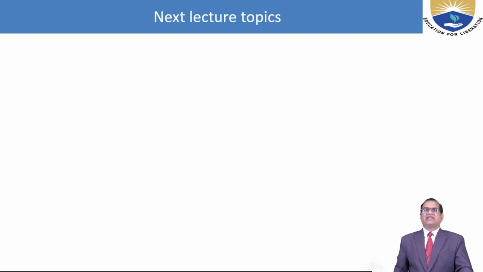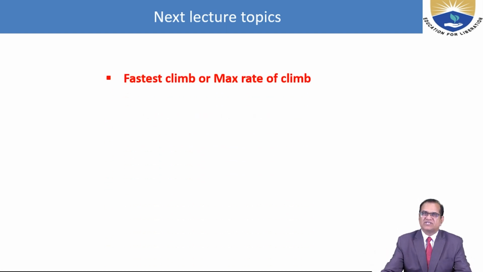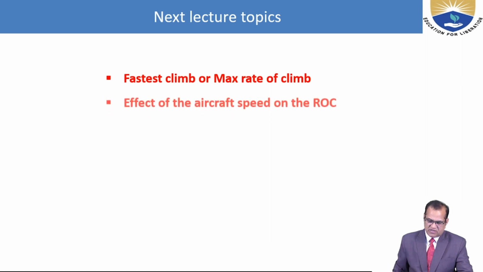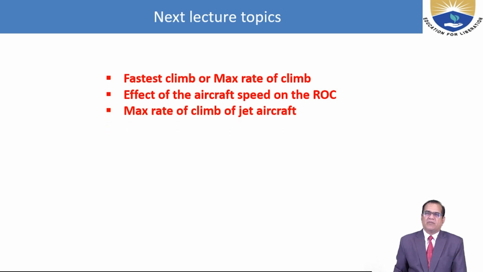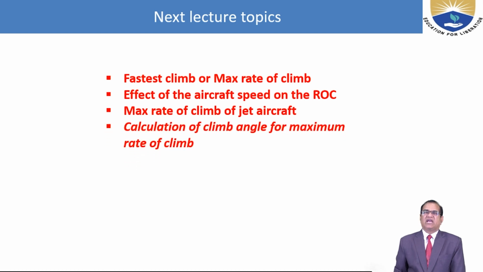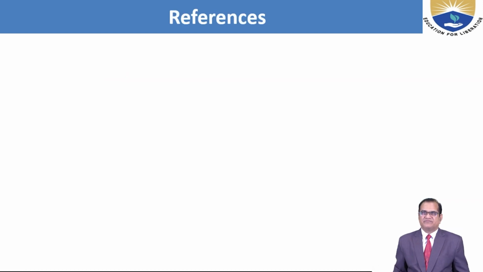In the next lecture, we are going to discuss these topics: fastest climb or the maximum rate of climb, effect of the aircraft speed on the rate of climb, maximum rate of climb of a jet aircraft, calculation of climb angle for the maximum rate of climb, and the direct method for finding climb angle.